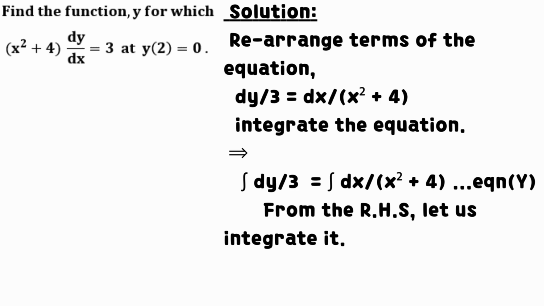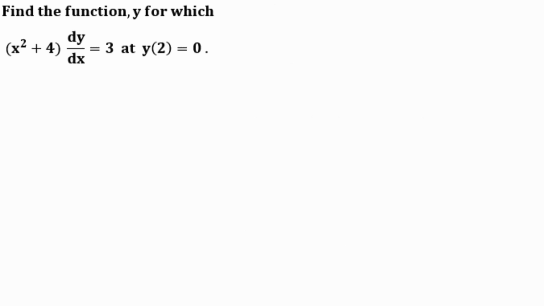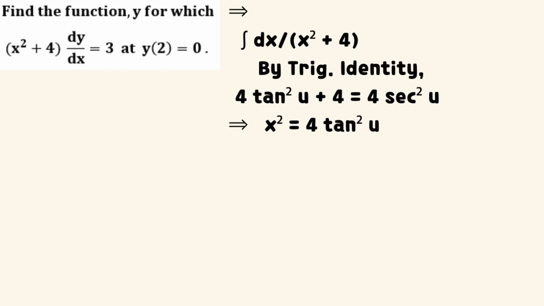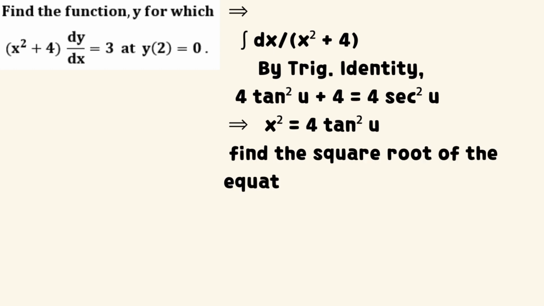From the right-hand side of the equation, let us integrate the expression with respect to x. Thus, by trigonometric identity, the sum of the product of 4 and the square of tan u and 4 equals the product of 4 and the secant square u.